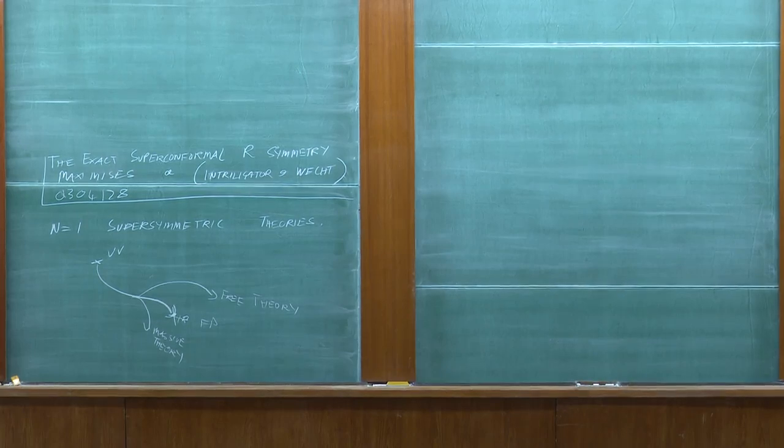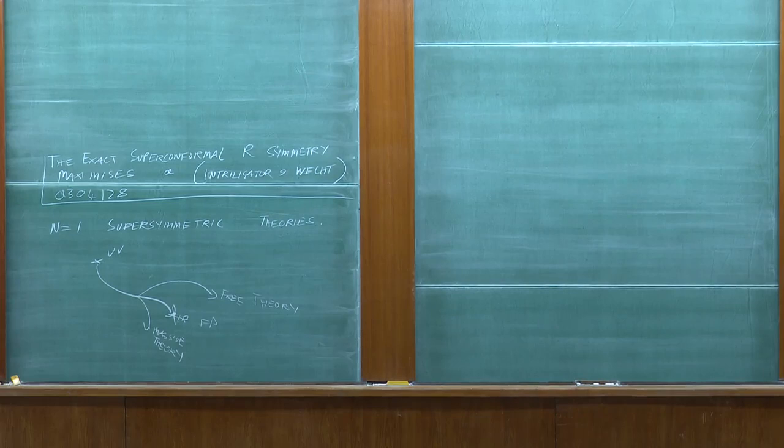N=1 Yang-Mills in the conformal window, where N_F was between 3/2 N_C and 3 N_C, flows to a conformal field theory. And between N_C+2 and 3/2 N_C, it flowed to an IR free theory, which was IR free in the magnetic variables. So we've seen examples of all of this.